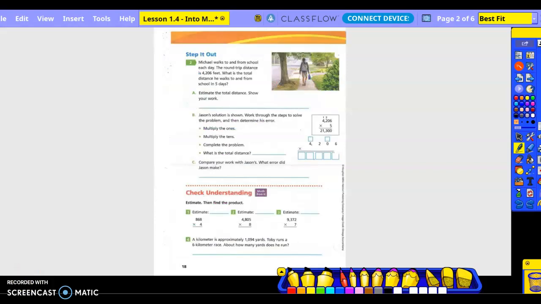Okay, step it out. Number 2, Michael walks to and from school each day. The round trip distance is 4,206 feet. What is the total distance he walks to and from school for 5 days? Estimate your total distance. Okay, so what's going to stay the same for sure? 5, right? Okay, and what would be a good estimate for 4,206?